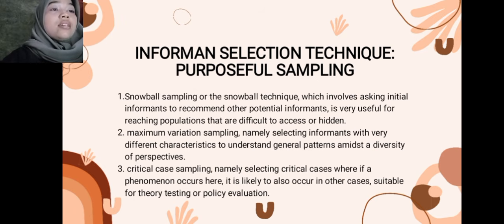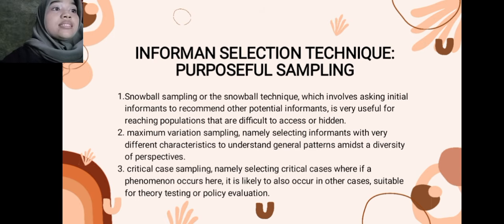2. Snowball sampling, or the snowball technique, which involves asking initial informants to recommend other potential informants, is very useful for reaching populations that are difficult to access or hidden. 3.